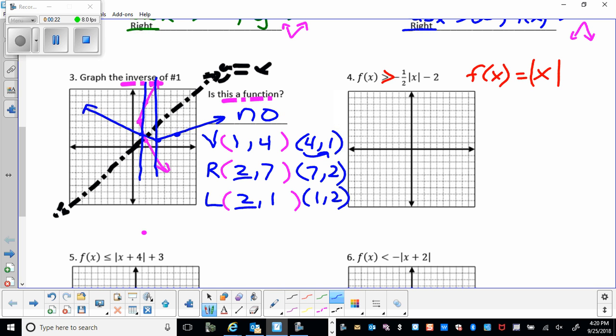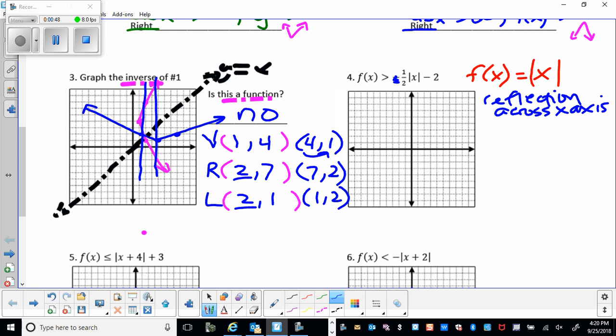So I can see I've got the, let me erase this so I can see that thought. All right, so I've got a negative, right? That negative in front is going to be a reflection across the x-axis. So I know it's going to be upside down.